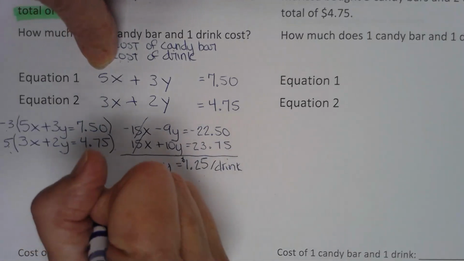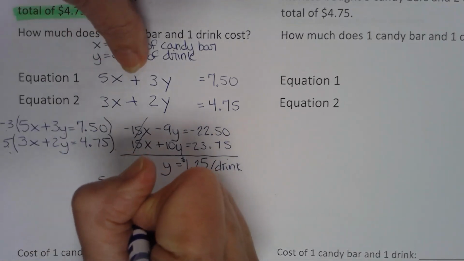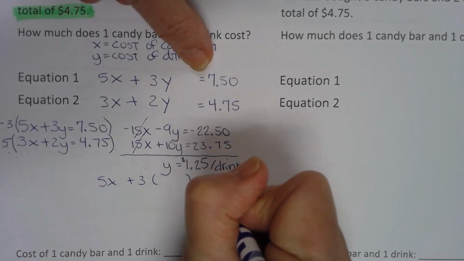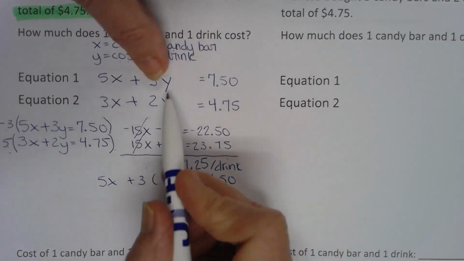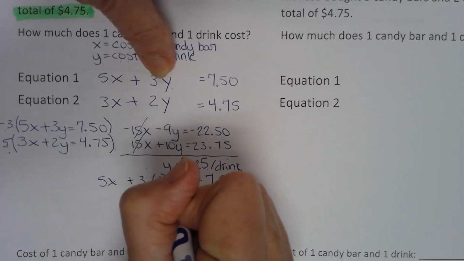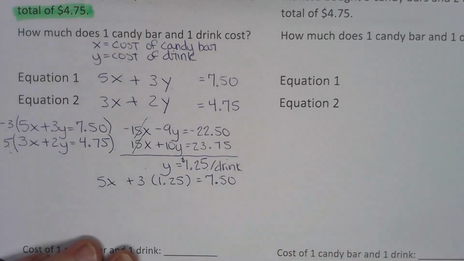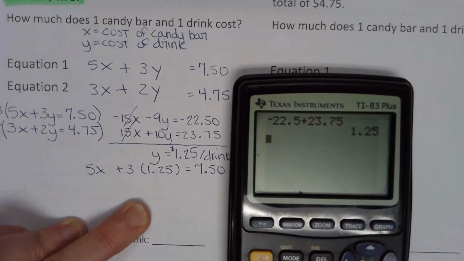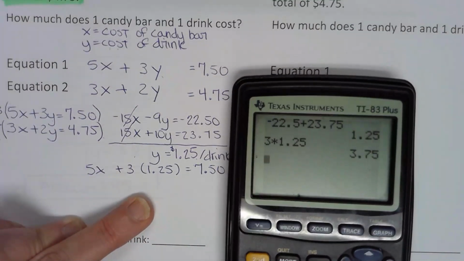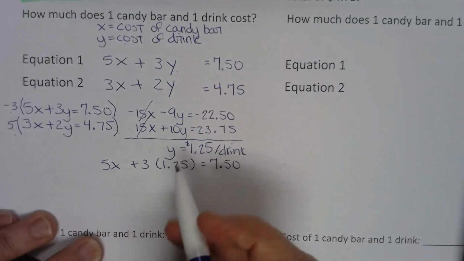And the blank is the cost of a drink, and I'm going to substitute $1.25 because I know what that number is. Now, 3 times $1.25 is $3.75, so that goes right here.